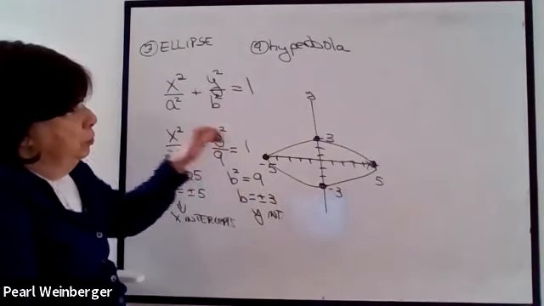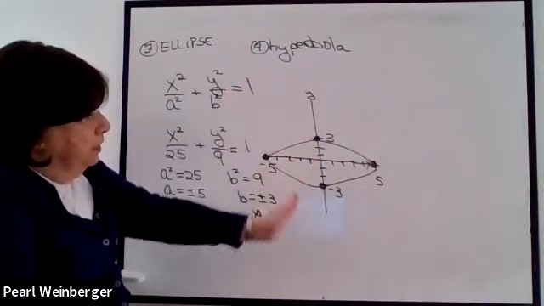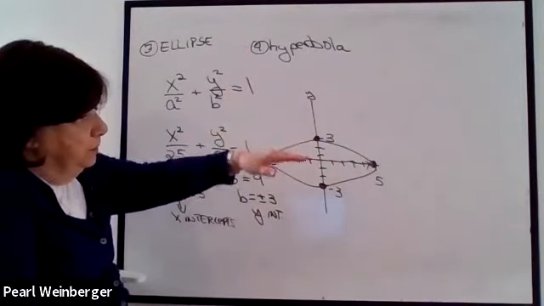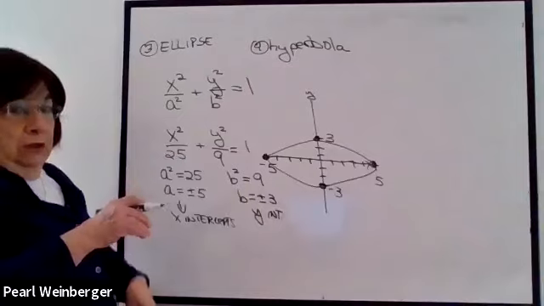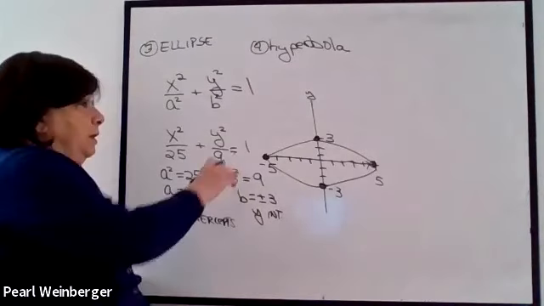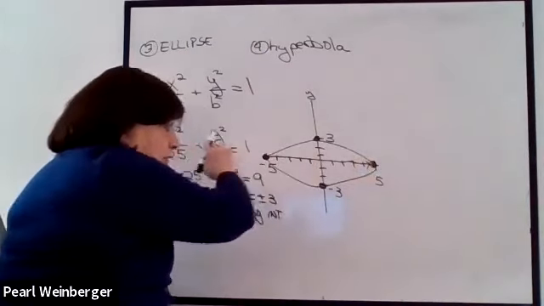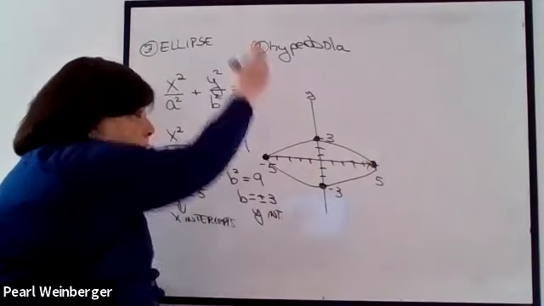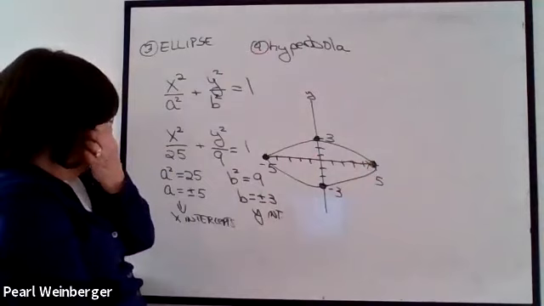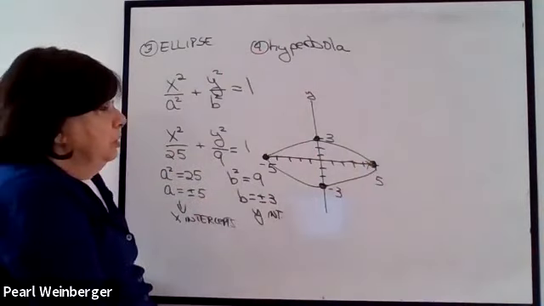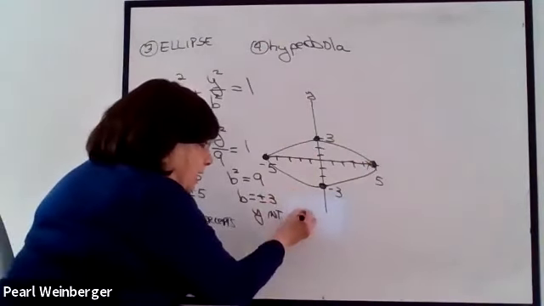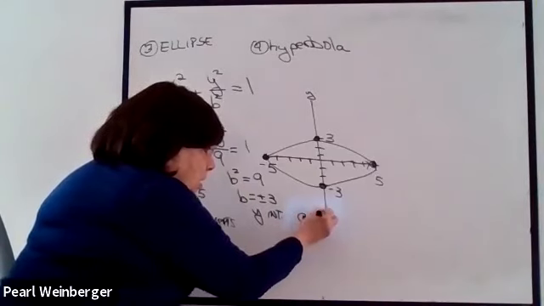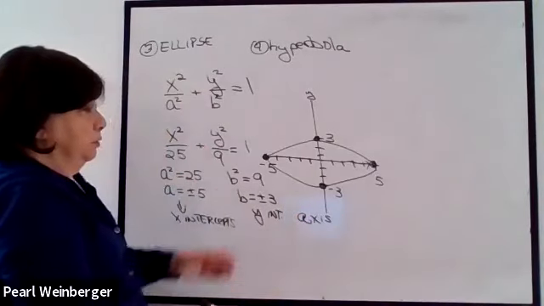There are 2 lines that cut the ellipse in half. One is along the x-axis that cuts in half, and one is along the y-axis. Those 2 lines are called the axes of the ellipse. There are 2 axes.